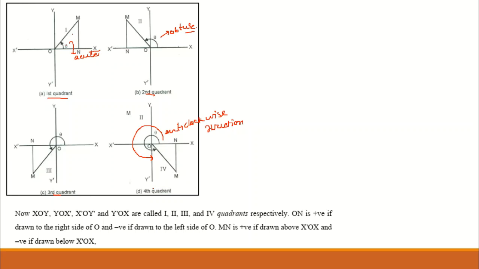In the first quadrant the triangle is made and the angle is acute. In the second quadrant the angle is a little bit obtuse. In the third quadrant it is very obtuse. And in the fourth quadrant it is having a certain value which is also obtuse. So the first, second, third and fourth quadrants are set up by the coordinate axis.